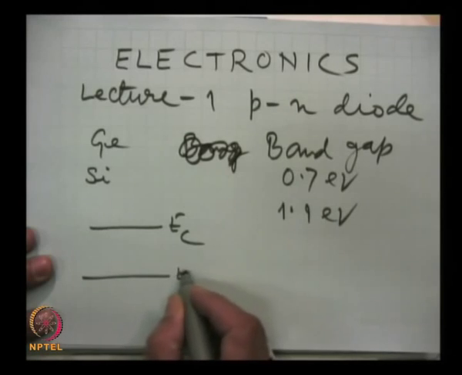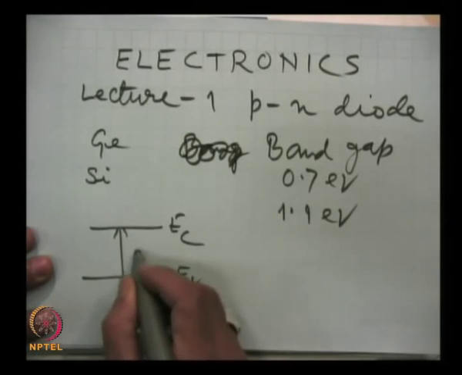Of course, there are other compound semiconductors, gallium arsenide is also there, but for you it is sufficient if I talk about germanium and silicon. The first thing is which of these two materials is better from the device point of view. You see that germanium has a lower band gap, and this band gap is between the conduction band and the valence band.